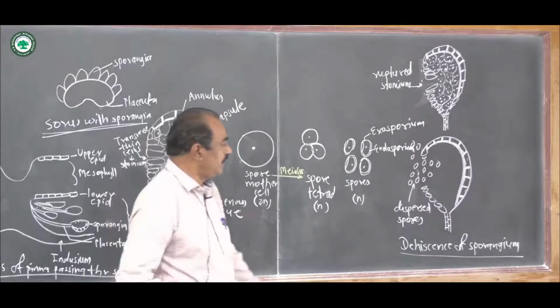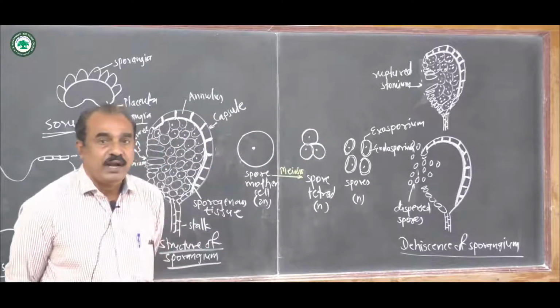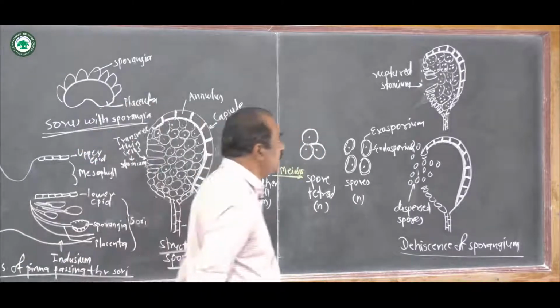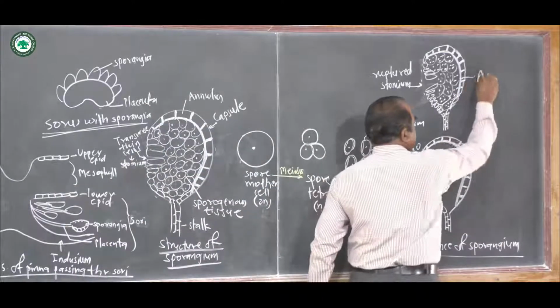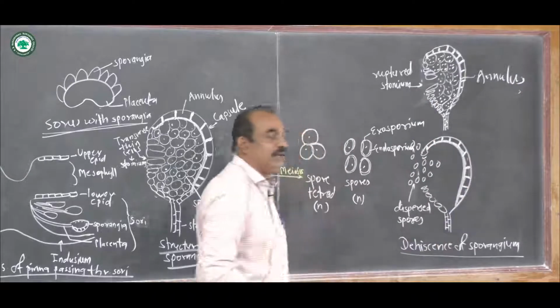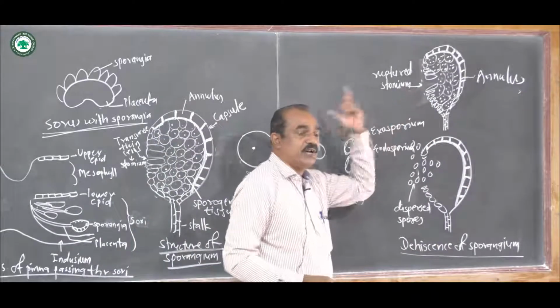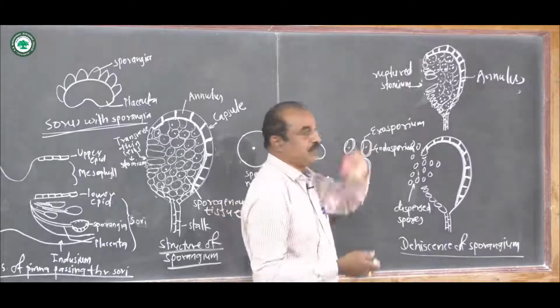Now, the next point is the dehiscence of the sporangium. When there is dry weather, the cells of the annulus and stomium dry up, and at the stomium, where the cells are very thin, they get ruptured.